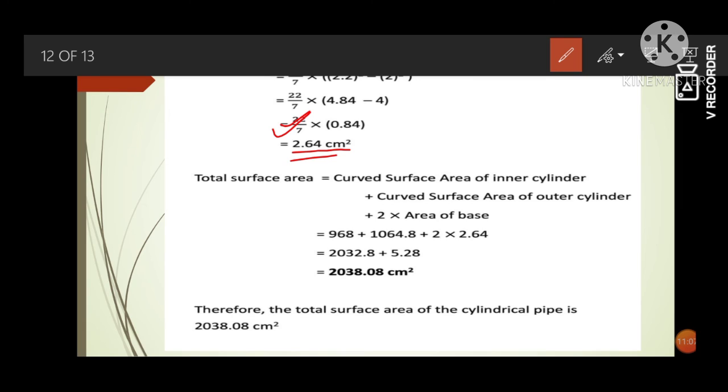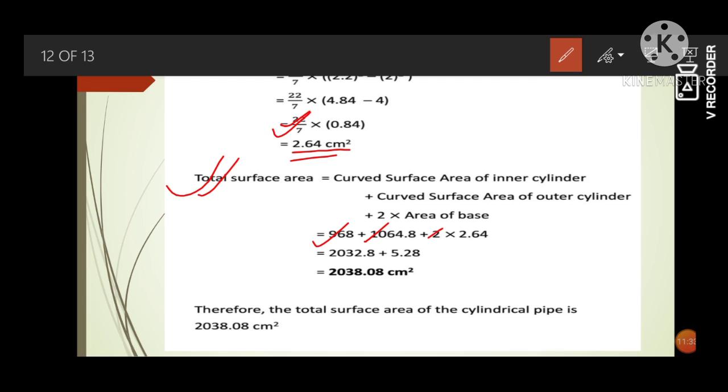Now let us substitute all the values that we have to find the total surface area. Curved surface area of the inner cylinder is 968. Curved surface area of the outer cylinder is 1064.8, and 2 into area of the base. So the base is on top as well as on the bottom. So 2 into area of base is 2 into 2.64.